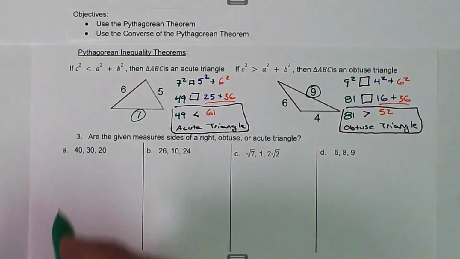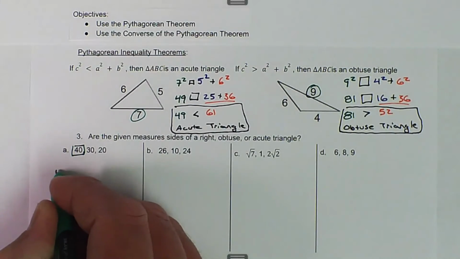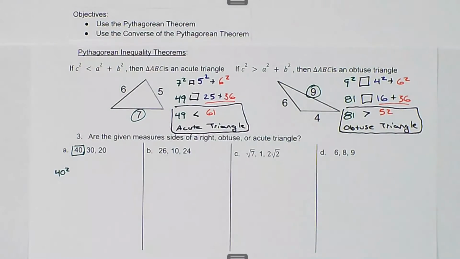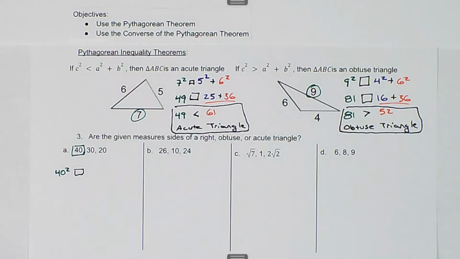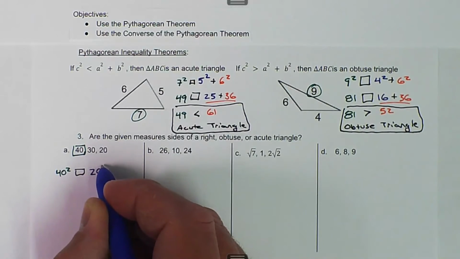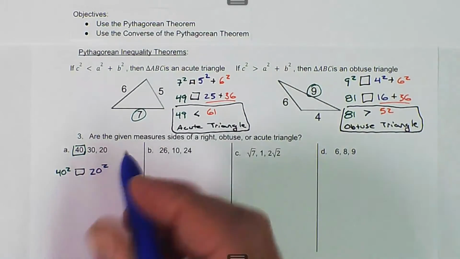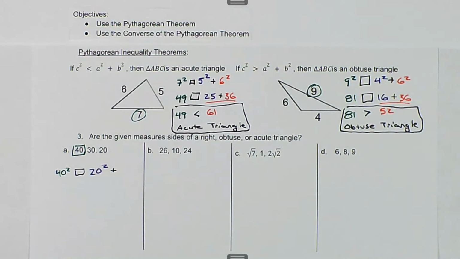So in this case, example A, the largest side is 40. So we want to say 40 squared, and we want to check and see if 40 squared is equal to the sum of the other two sides, or the two legs.